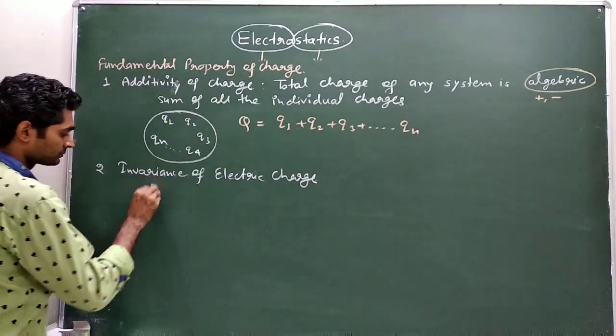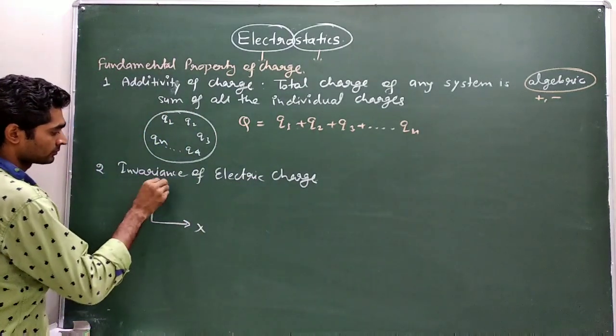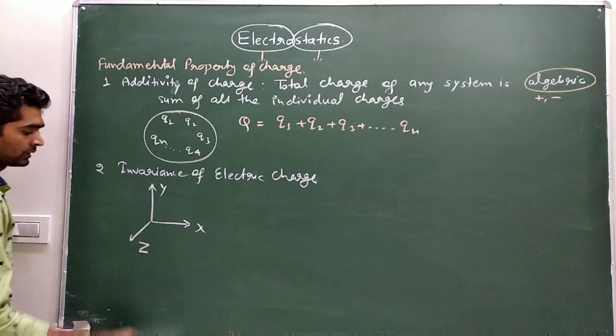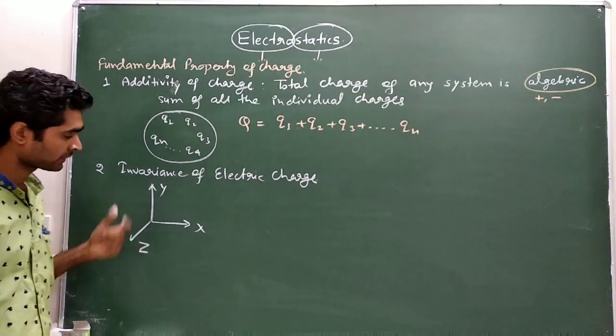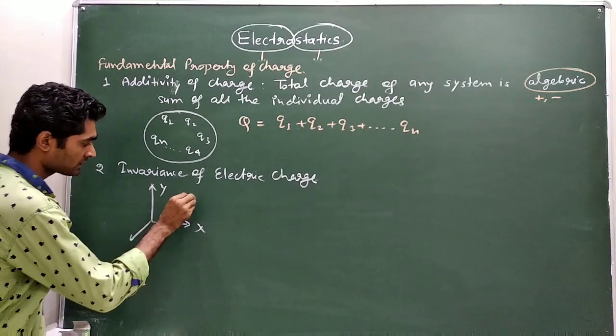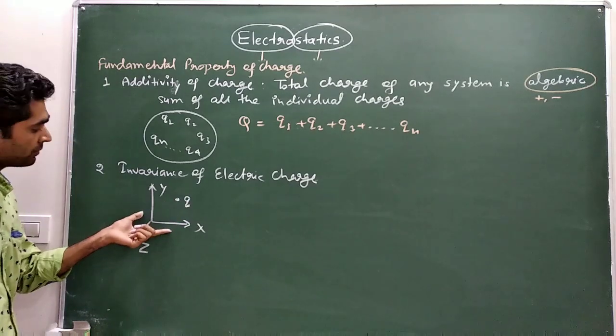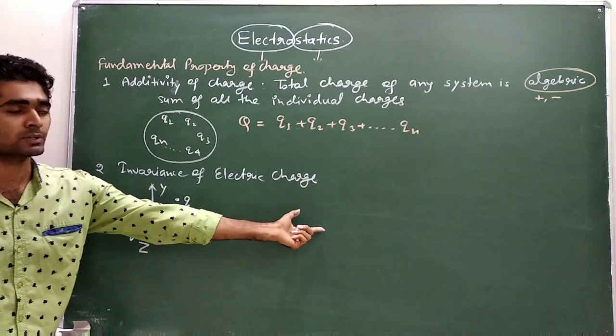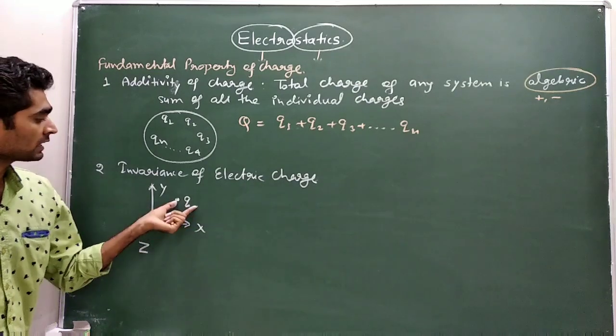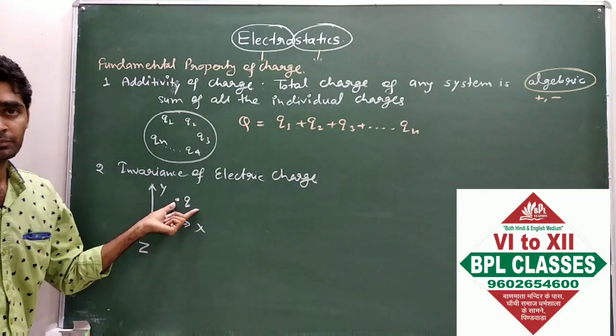Look at the body. This is our Cartesian plane. If I put a charge plus Q here, and if I change the frame of reference from here to any other place, then the value of charge remains same.